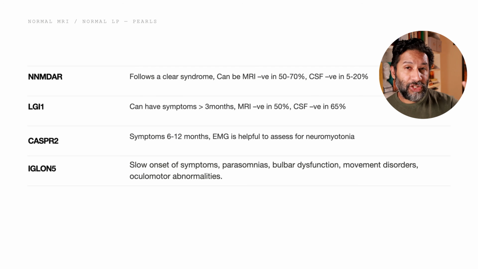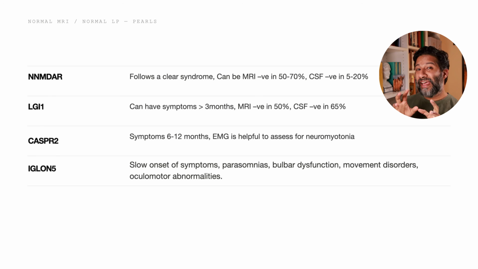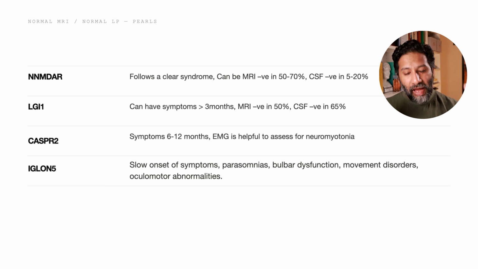And this is why these 3 antibodies can fail the possible and the probable criteria, because they have longer time periods. Interestingly, LGI1 can also have a negative MRI and a negative CSF. So it's one of those rare cases where you can have 6 months of progression as well as a negative MRI and lumbar puncture.